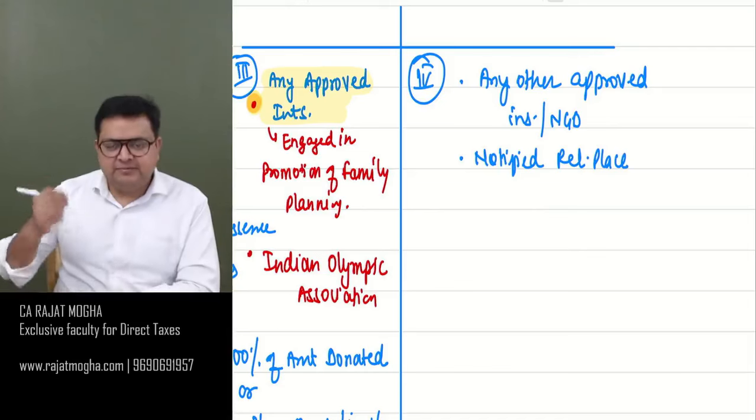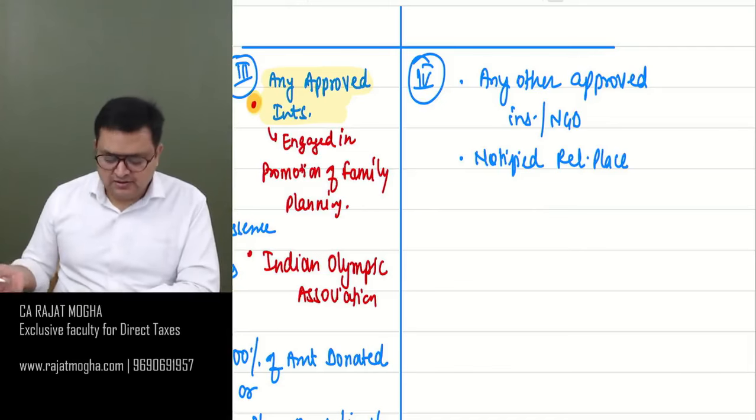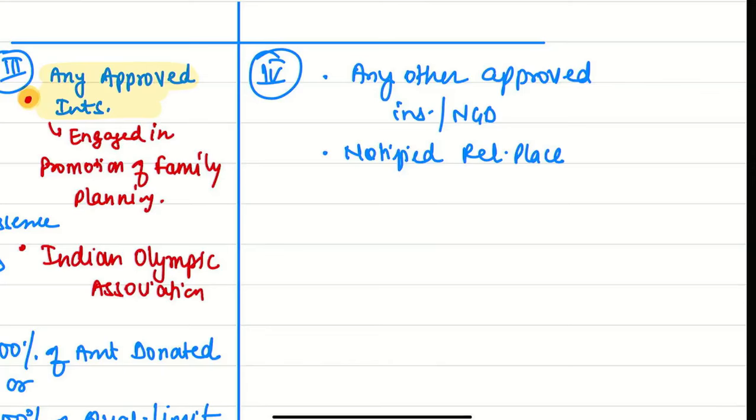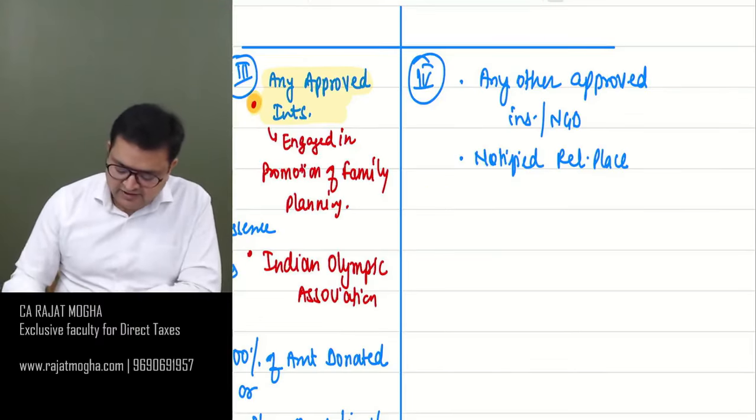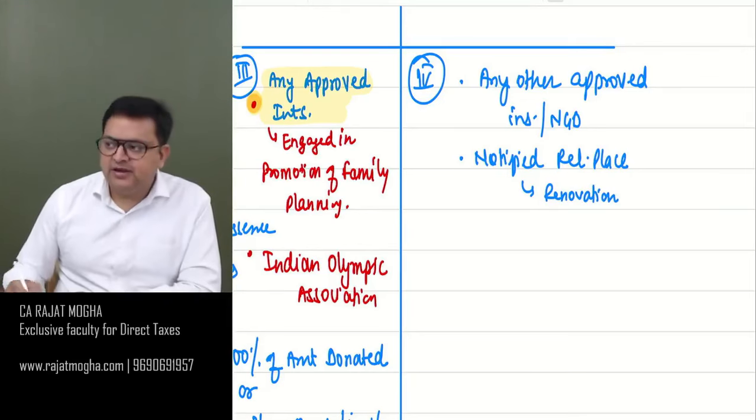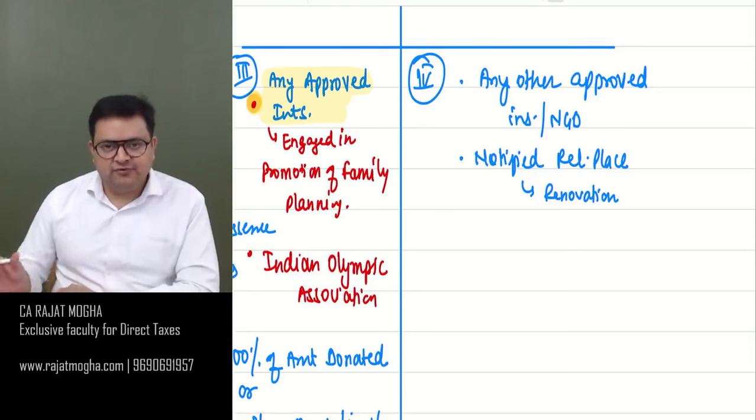Religious place means temple, mosque, church, or gurudwara. So if you are donating to any notified religious place for their renovation, then you will come in the fourth category. Your donation will come in the fourth category.